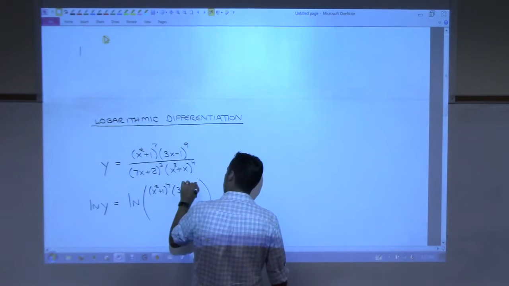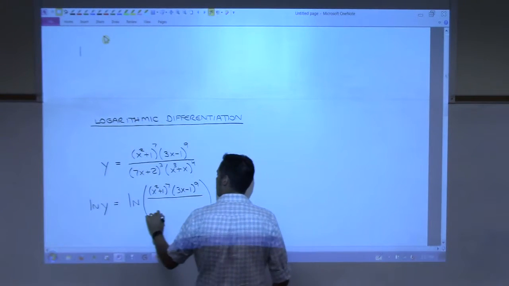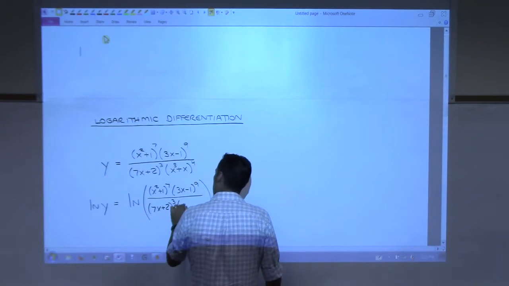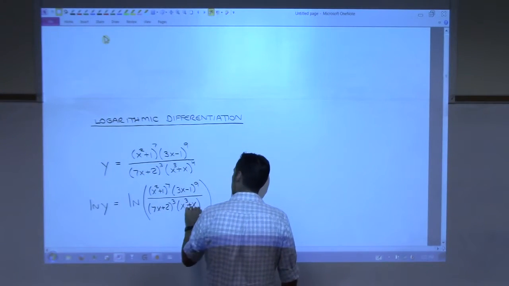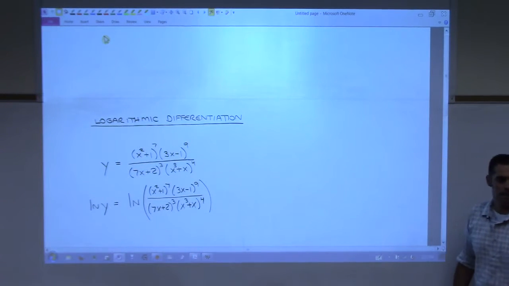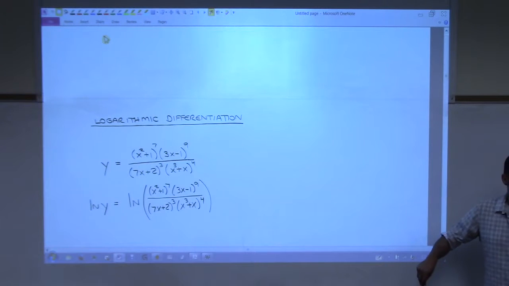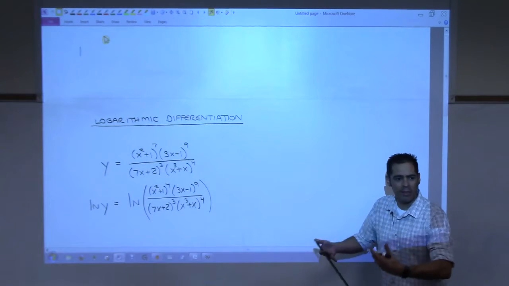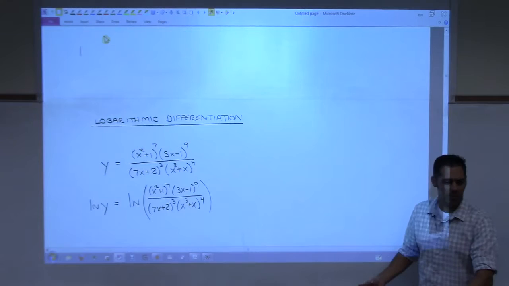That is because in college algebra we taught you how to condense and expand logarithmic forms, and I'm about to use that to attack this thing. I'm not doing any derivatives yet. All I did was take natural log on both sides. The reason we call it logarithmic differentiation is because we are employing the logarithm to help us with the differentiation.